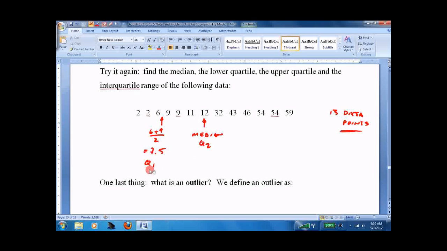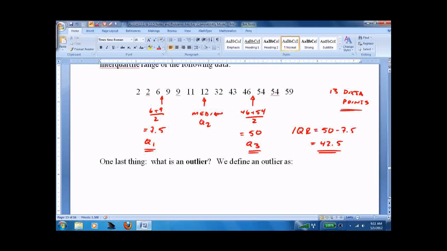And that's Q1, the first quartile. That's 50. That's the third quartile. And the interquartile range, which we are going to just start calling IQR, would be 50 minus 7.5, 42.5.